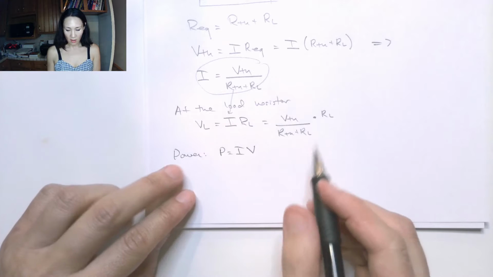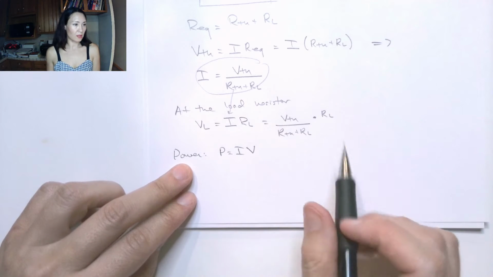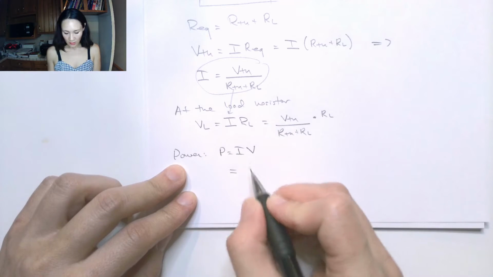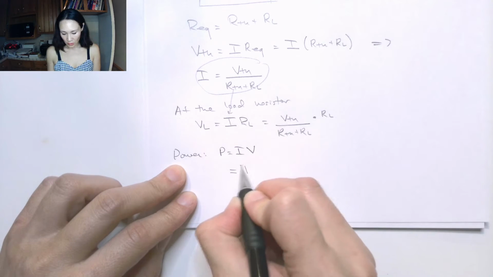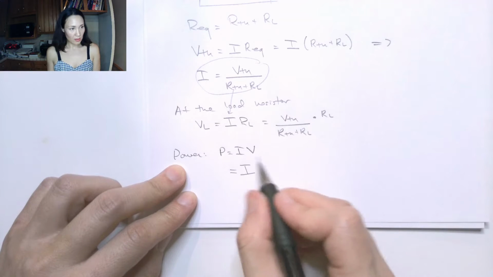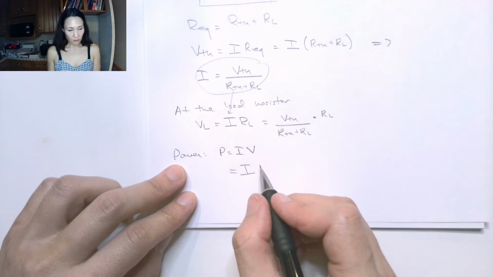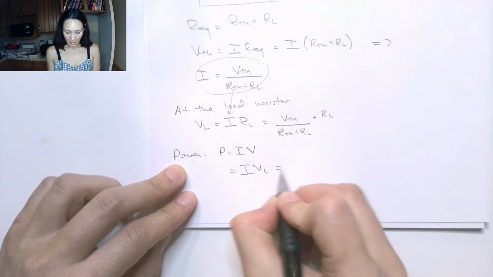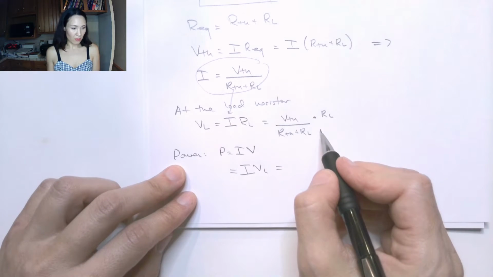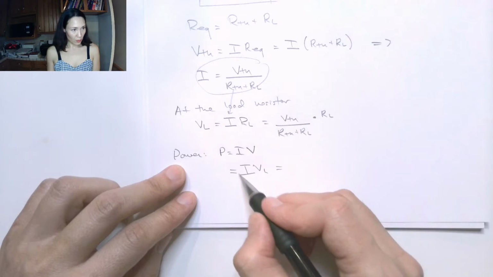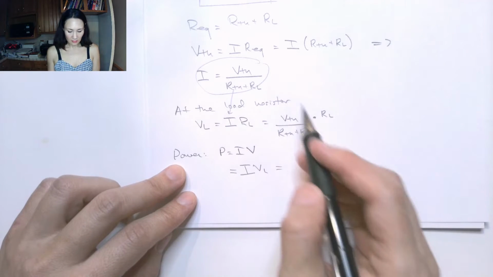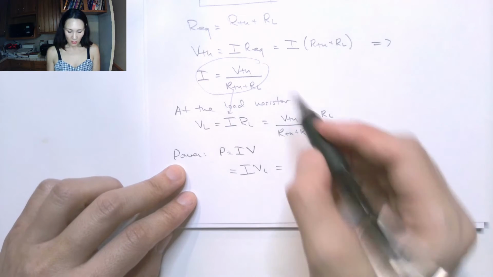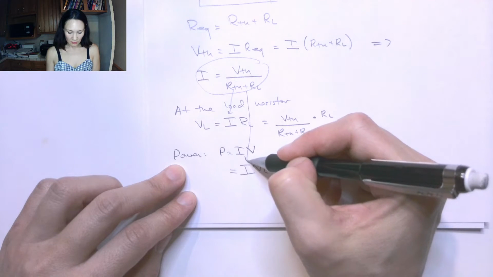Zooming in on this load resistor, the power delivered to it is a function of the current going through the circuit and the voltage drop across the load, VL. We found an equation for I, and we found an equation for VL. So I'm going to take this I and substitute it in here.